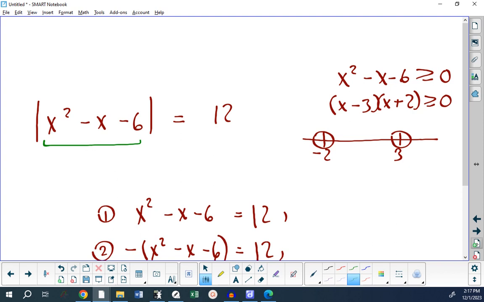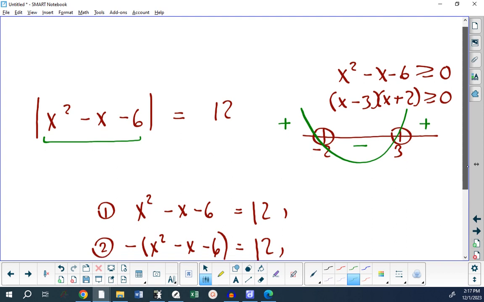That means if it's 0 where my shoulders are, and it opens up, then it has to be positive to the left of my left shoulder from your perspective, and it has to be positive to the right of my right shoulder, and it has to be negative in between my two shoulders. So, I mean, what I'm saying is you know that the parabola must look like that. So it's positive over here, it's negative over here, it's positive over there.